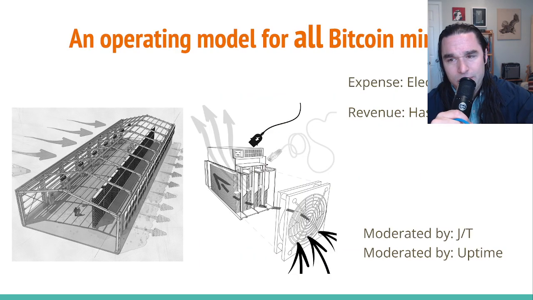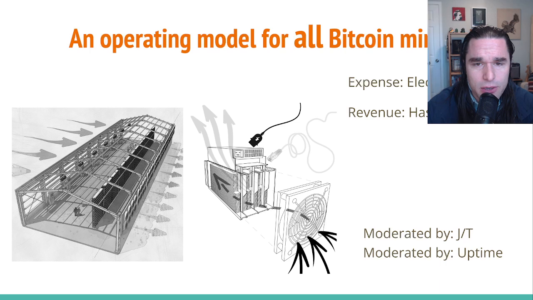So, an operating model for all Bitcoin miners. Your expenses, your input is electricity, that's negotiable. Your revenues, hash price, generally not negotiable. It's essentially an established commodity price that you are going to be paid for as you are doing work, as your machines are working. What's it moderated by?